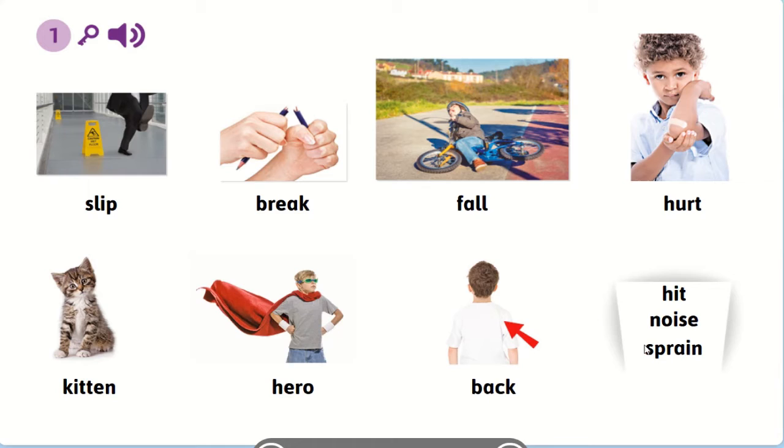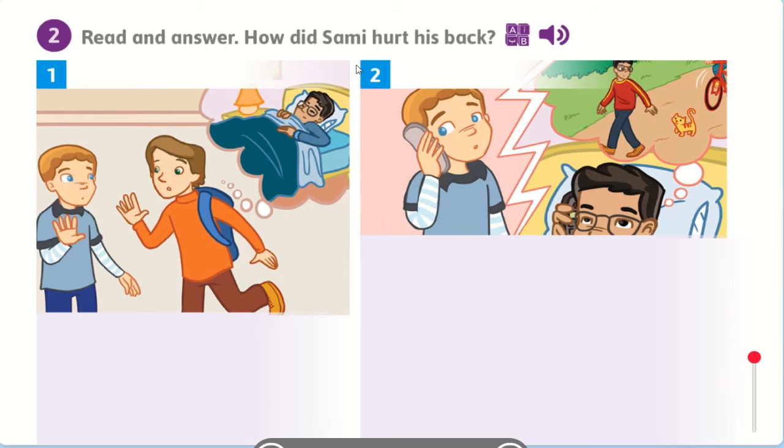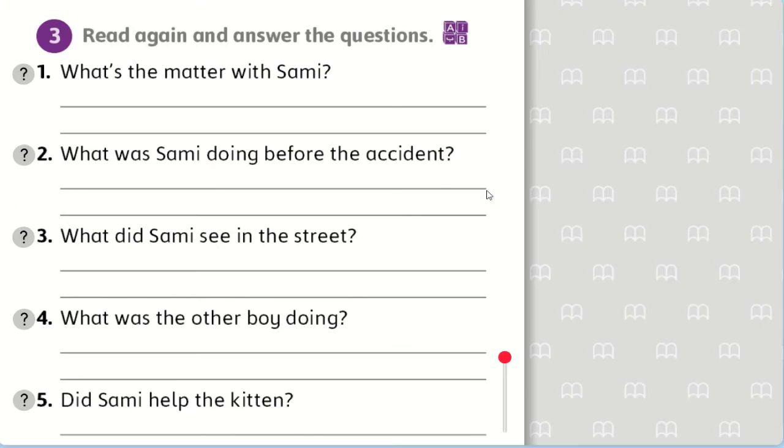These are the most important words that we are going to have during this week. Also, we will read this graphic novel or this story about how Sammy hurt his back through listening and reading, and after that we will answer the questions in the next page.